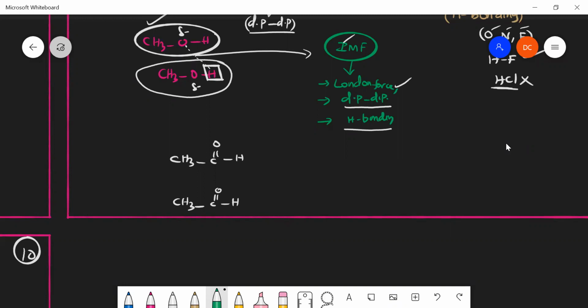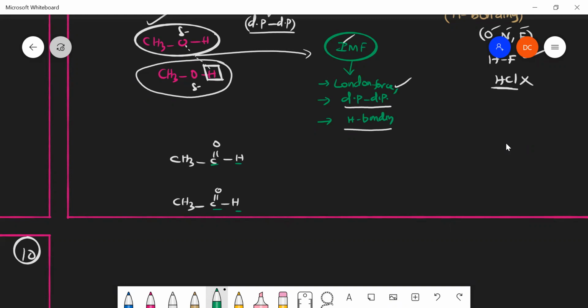No, sir. Why? Because the hydrogen is not attached to a strongly electronegative element. It is attached to the carbon in both cases.